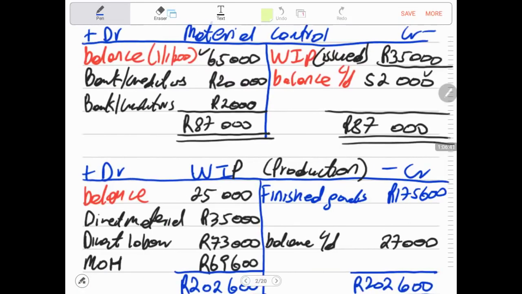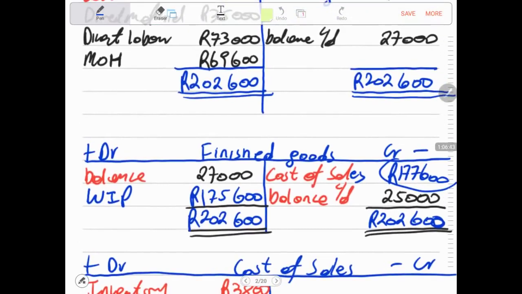Let me just come to the ledger accounts where it is clear. We have opening of 27,000. We have production. Then we have closing. Then the cost of goods sold will be 177,600. So we say opening plus production, which is manufacturing cost, minus closing of 25,000.